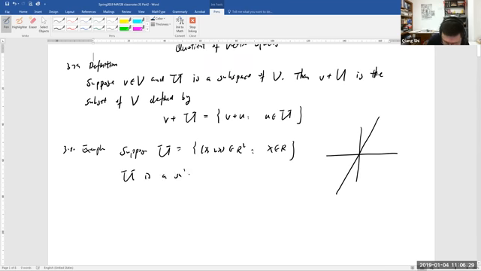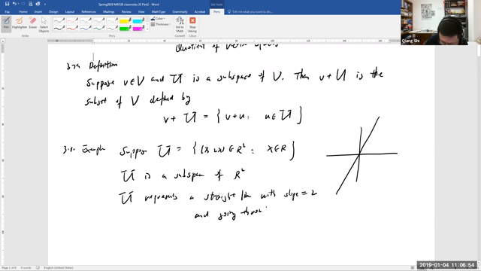U is a subspace of R2, and U represents a straight line with a slope equal to 2, and this straight line goes through the origin, (0, 0). That's what this U looks like.